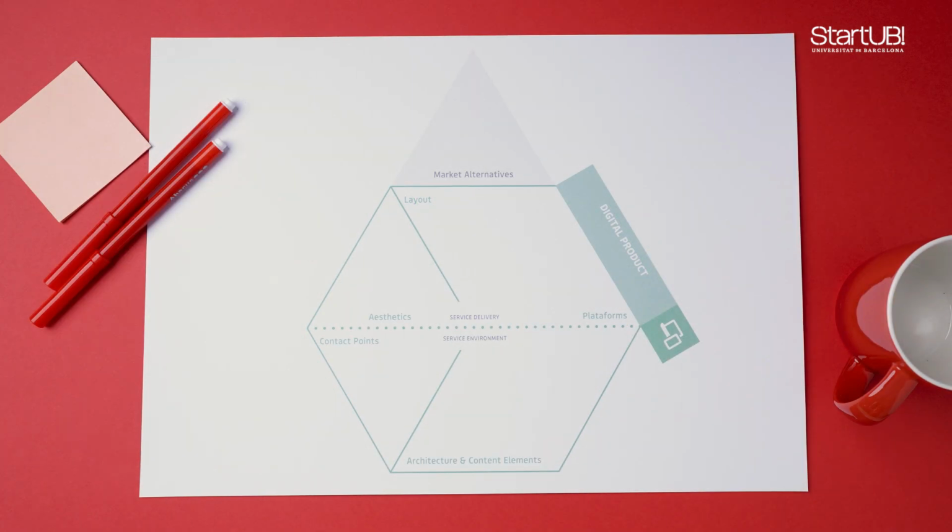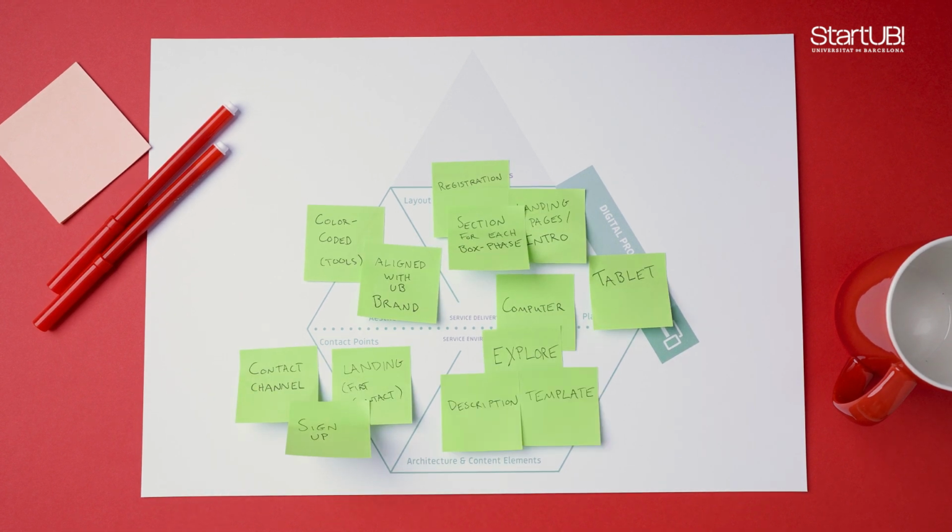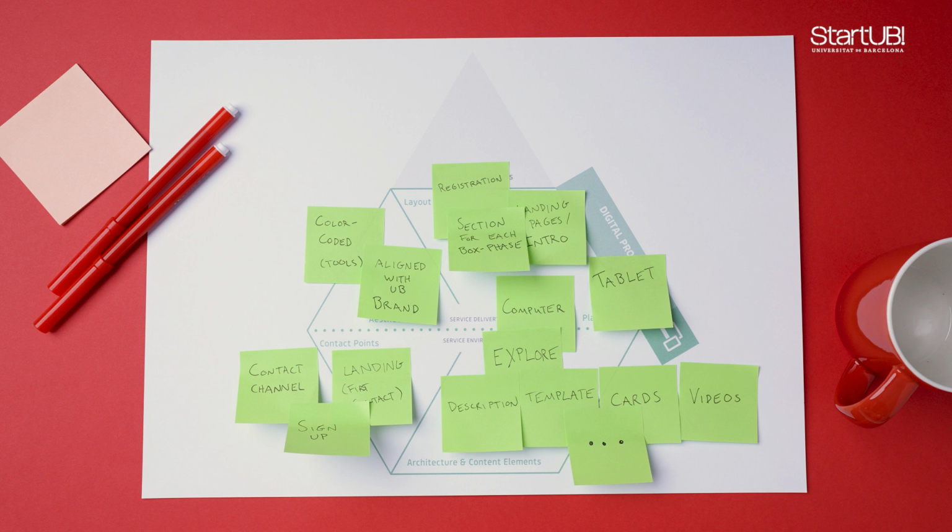For the Innovation Toolkit, this is how we envision the digital product to look. Regarding the aesthetics, we wanted to maintain the color coding for the tools, as well as the alignment with the UB and StartUB brands. In terms of the layout, registration, the landing page, and the sections for each phase are defined in the initial version.